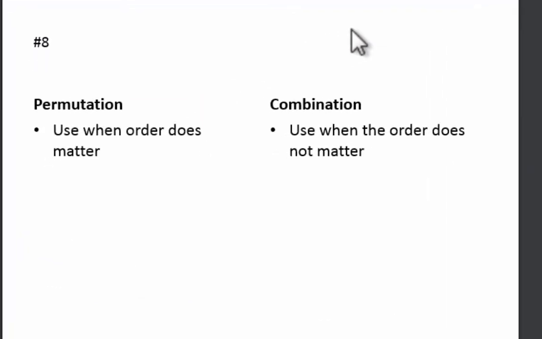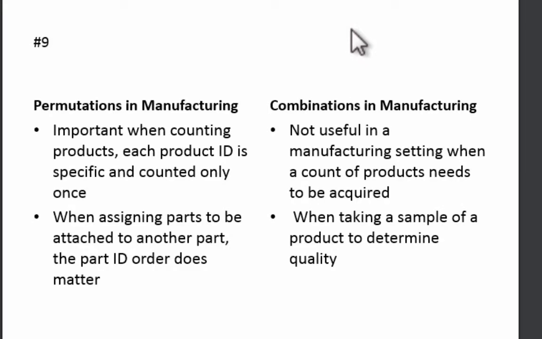Now we can look at question 8, and it talks about the difference between a permutation and a combination. A permutation, you would use when the order doesn't matter, and you'd use a combination when the order does matter. Now, in dealing with manufacturing, permutations are important because you're counting your products and IDs, and it's specific for each one that's counted.